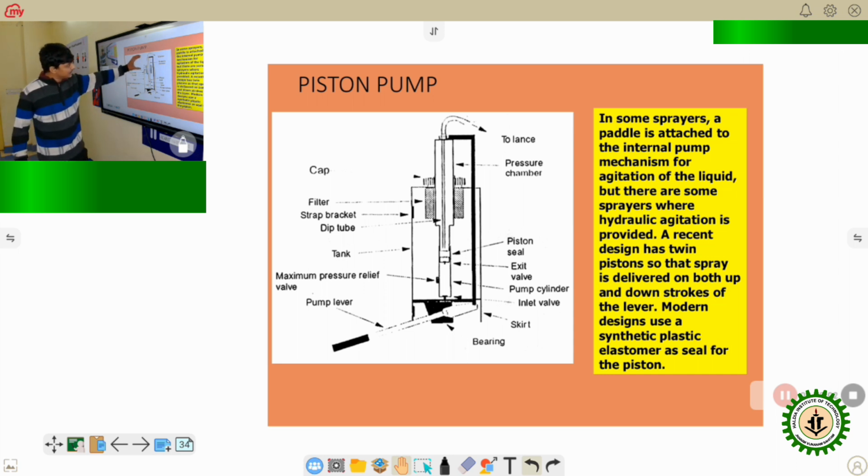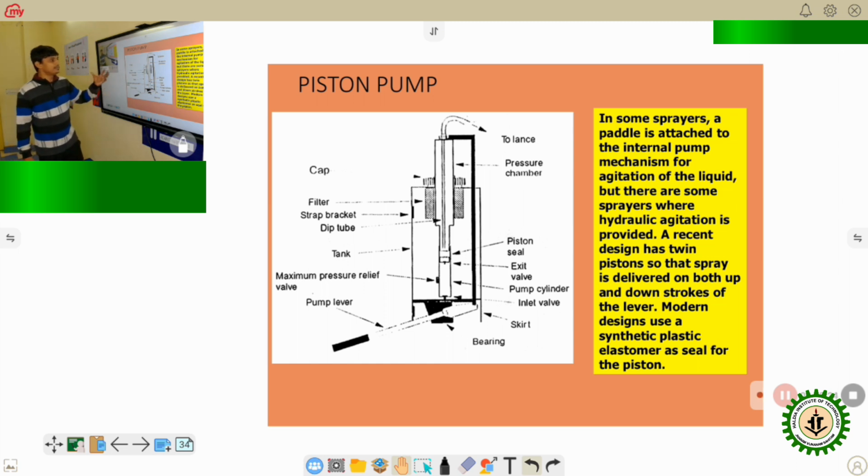There is a piston which can be effectively used for discharging purposes, and there are different parts of this sprayer pump being presented.